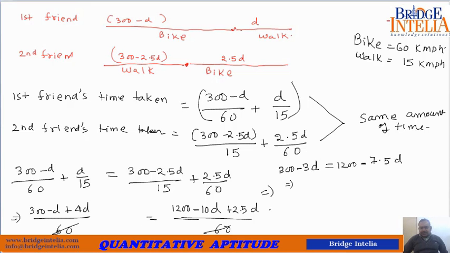If you take 300 to that side, 7.5 to this side, sorry, this will be plus 3d because 4d minus d is 3d. So from here you can see that 900 is equal to 10.5d. So if you solve for d, you get the value of d as 900 by 10.5.